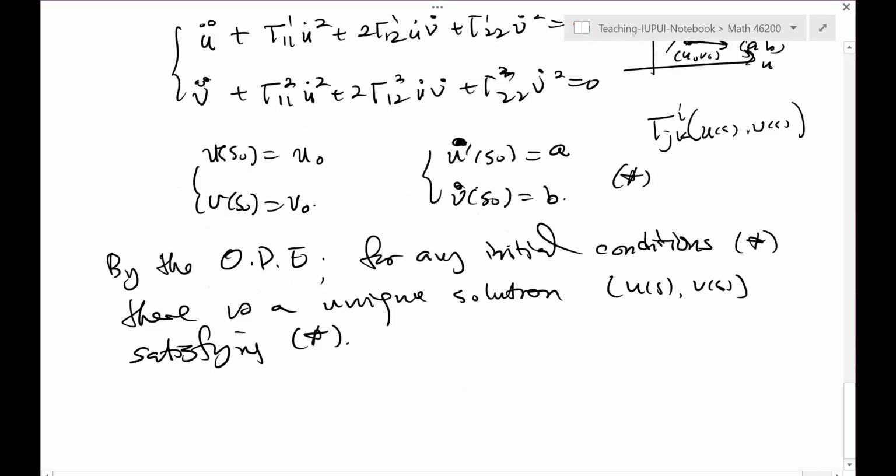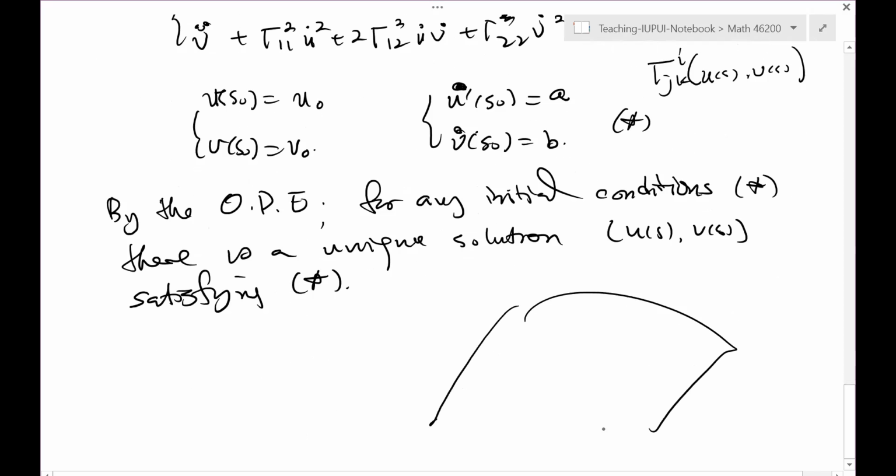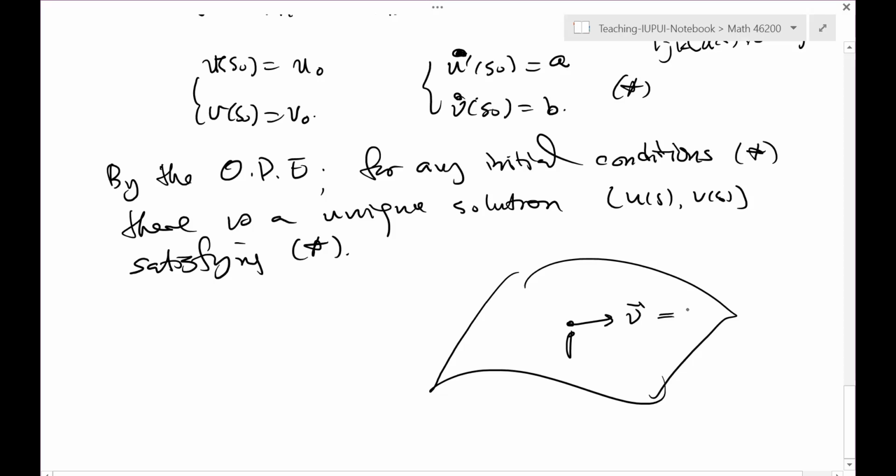Right. So that means on the surface, if we take a point and take an arbitrary vector, this vector can be expressed in the form a sigma u plus b sigma v, right?